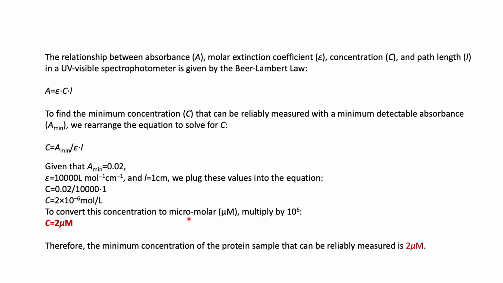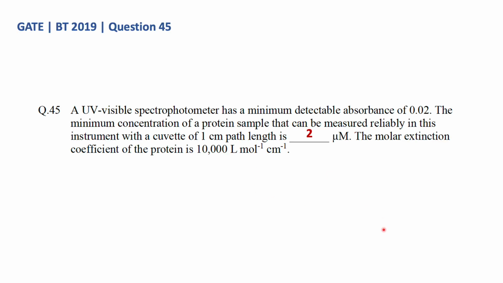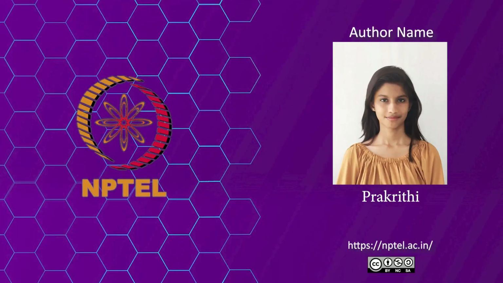Now converting the concentration to micromolar, we multiply by 10 power 6. So C is equal to 2 micromolar. So therefore the minimum concentration of the protein sample that can be reliably measured is 2 micromolar. So that answers our given question here.